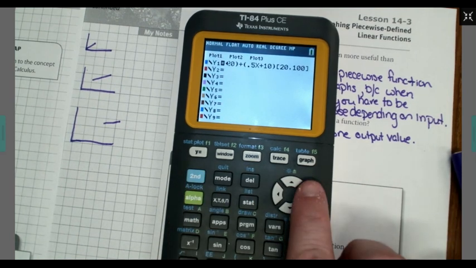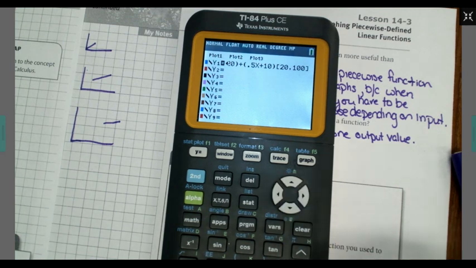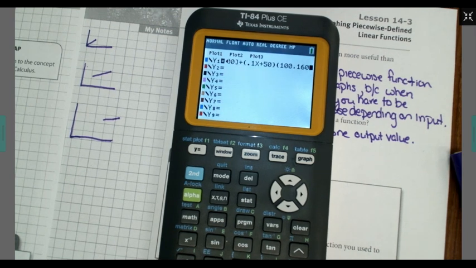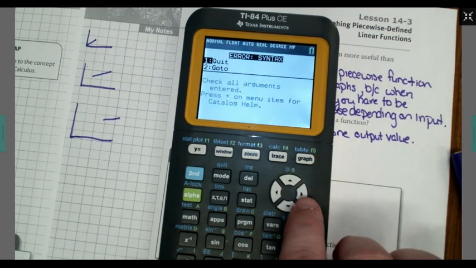Close the bracket. Plus 0.1x plus 50. And this would be 100. Some problem is I can't do infinity. 160. Let's see what that does.